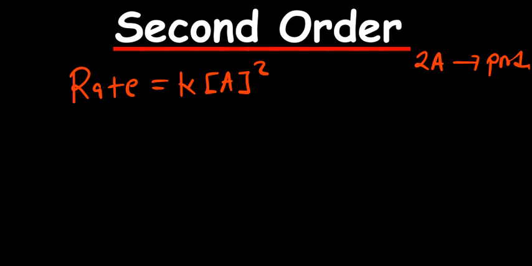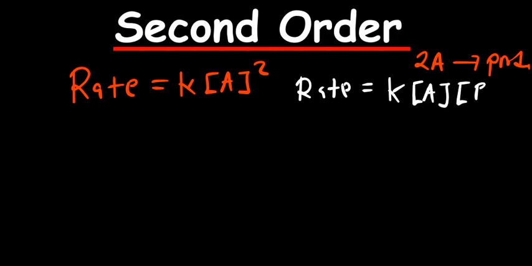Basically this is how you're going to solve it. You can also have 2 reactants, so the rate of a second order reaction can also be written as K times A times B, like in that case where we had A and B. That is very, very important for us to understand. So that's how we find the rate for a second order reaction.